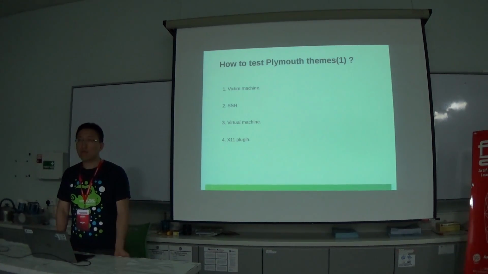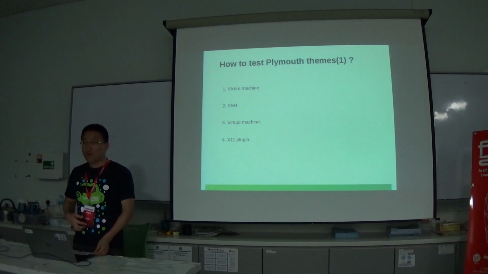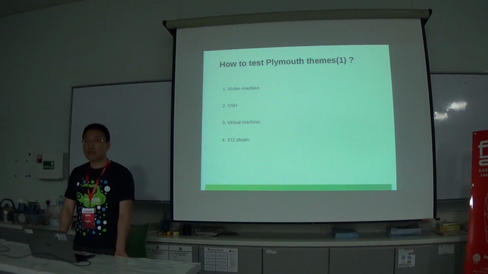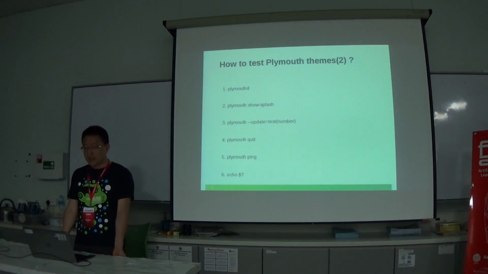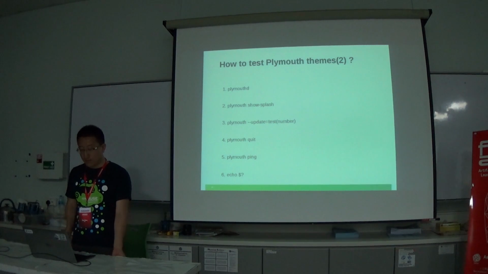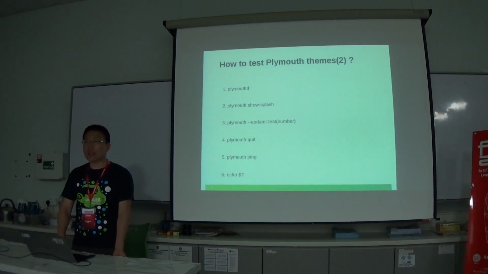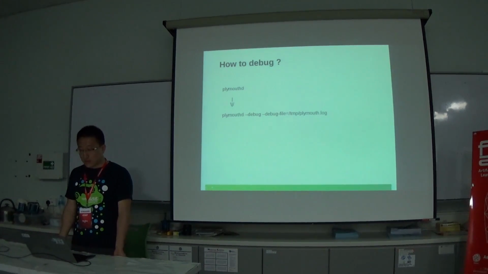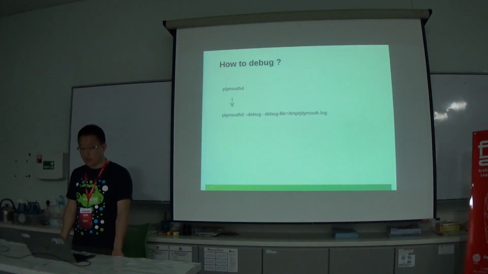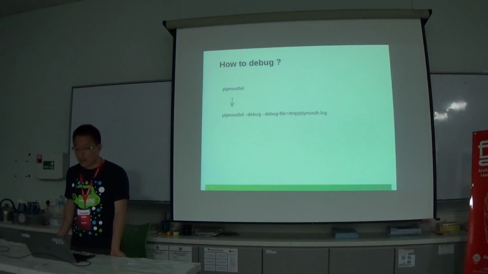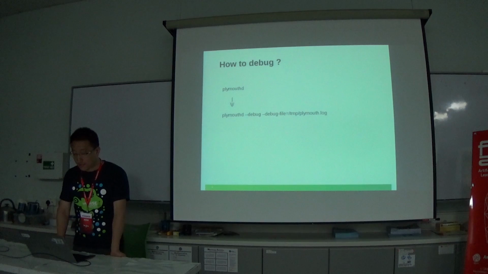We can find problems like grammar errors in the theme script or other crash problems when they happen. These are the steps I use to test Plymouth. We can use the plymouth command to show a custom image, and if we use the debug option to write a file, it will show detailed information about errors and other things.